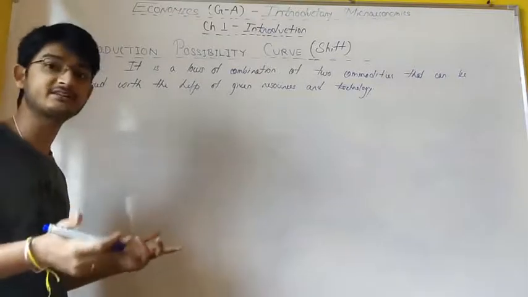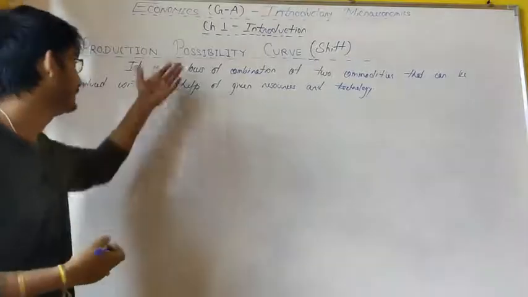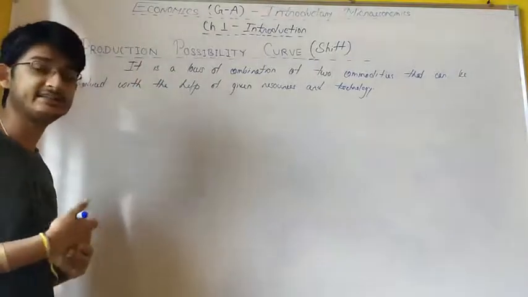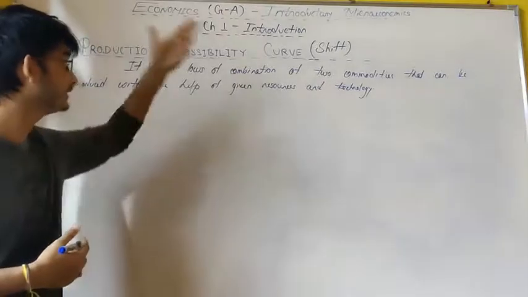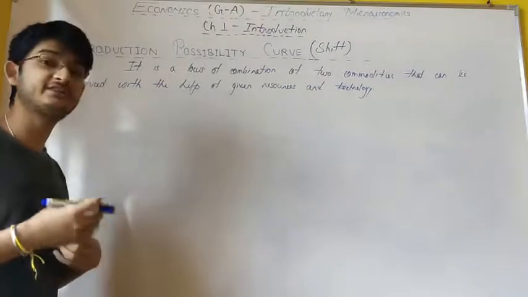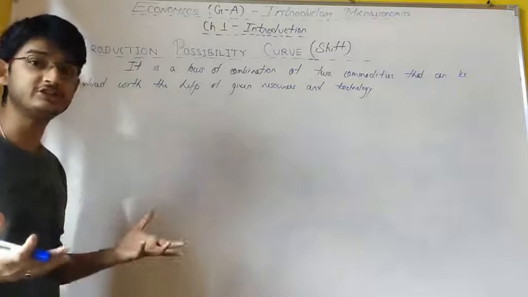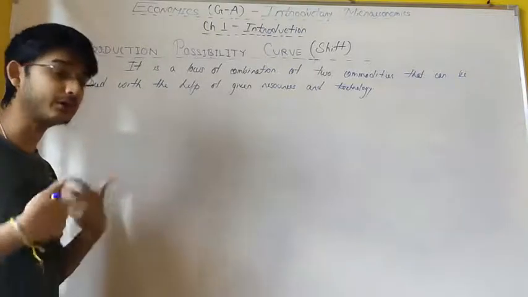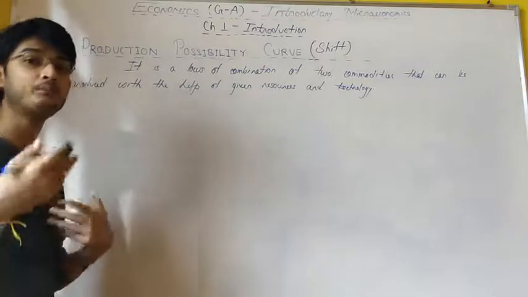The first assumption that we come up with under the PPC is that resources are given. So when the shift occurs, whenever there is some change in resources or technology, what will happen? We will have more capacity to produce more.